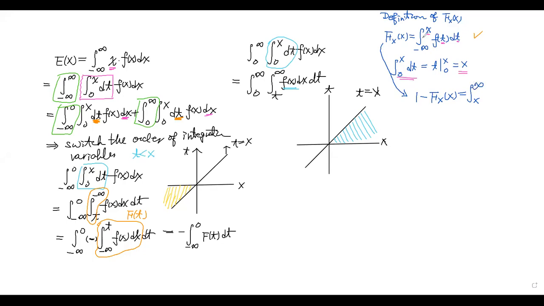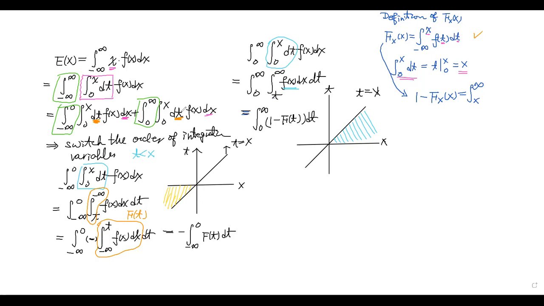Because we know that if you integrate from negative infinity to positive infinity, it will be 1. So this is the f of x. So from x to infinity, it is 1 minus F of x. So this one here is from t to infinity. So these terms here will be changed to 0 to infinity, because this is t to infinity. So what is this one going to change to? It will be changed to 1 minus F of t dt.